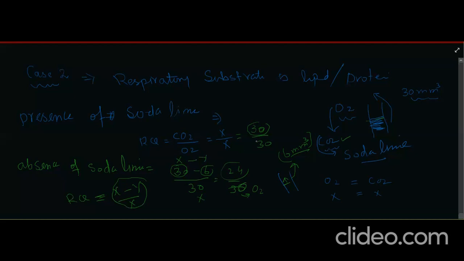And there is a table that I showed you: when you do it practically, if the value comes to 1, that will be carbohydrate. If it is 0.7, it will be lipids. If it is 0.8 or 0.9, that should be protein. Is it clear? That is the approximate value that I showed you already in the table. So I hope up to here this is clear.